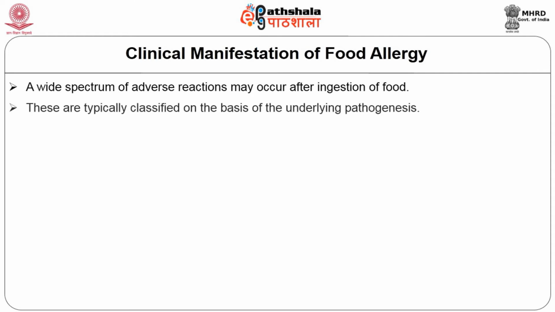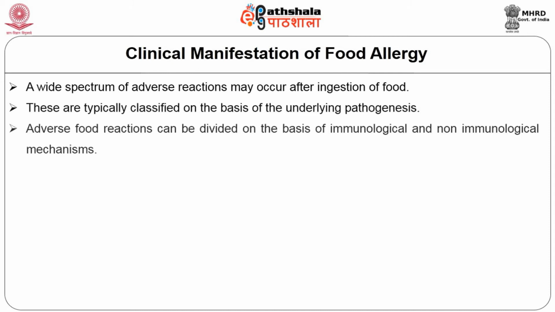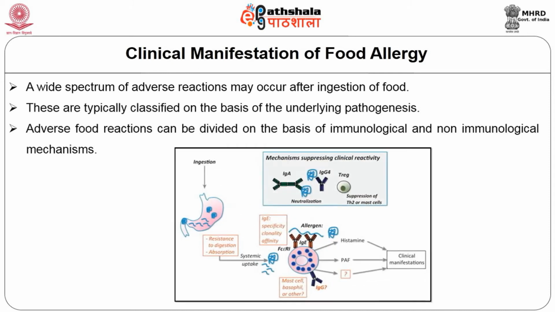These are typically classified on the basis of the underlying pathogens. Adverse food reactions can be divided on the basis of immunological and non-immunological mechanisms. These are the conditions that are associated with immunoglobulin E mediated reactions to the food.